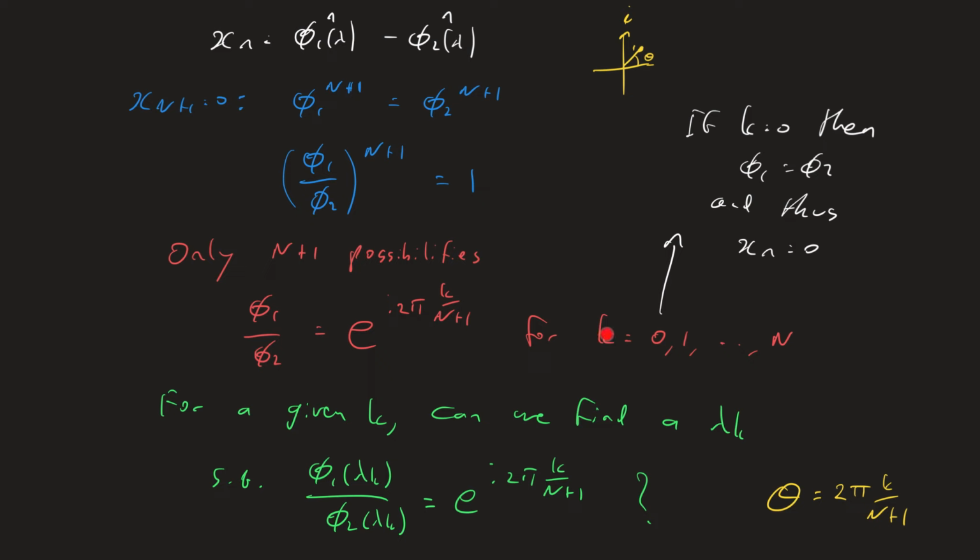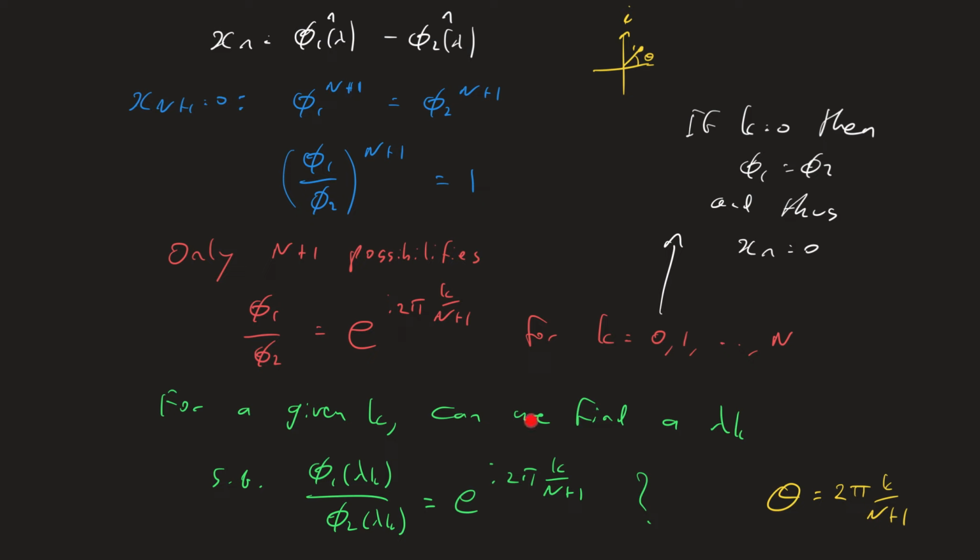So we discard the k equals 0 case, and henceforth we just look at the big N possibilities where phi1 divided by phi2 is equal to this number here, where k goes from 1 up to big N. For each value of k from 1 to big N, we ask, can we find a lambda?